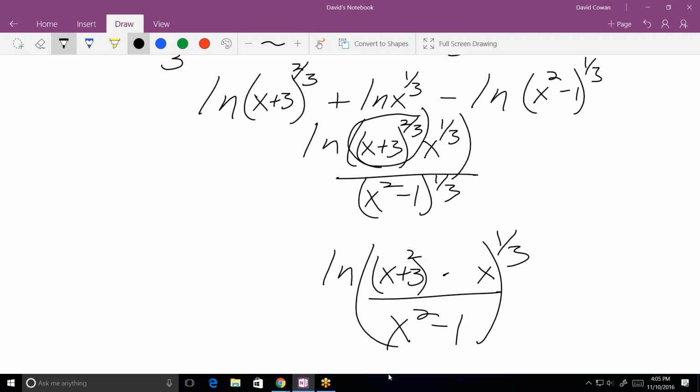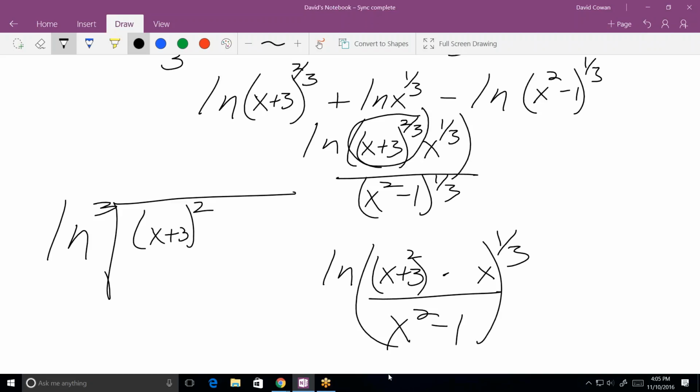So she has her answer looking like this: natural log of the cube root of x plus 3 squared times x all over x squared minus 1. Yeah, that's her answer. All right, that's the same as this answer.